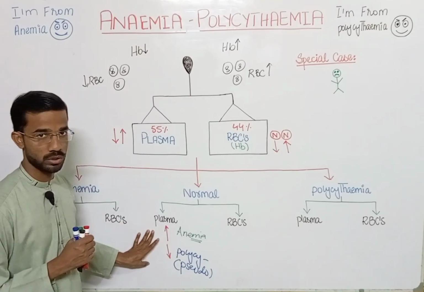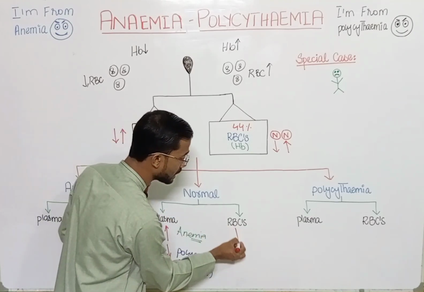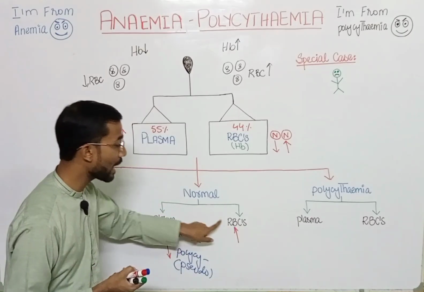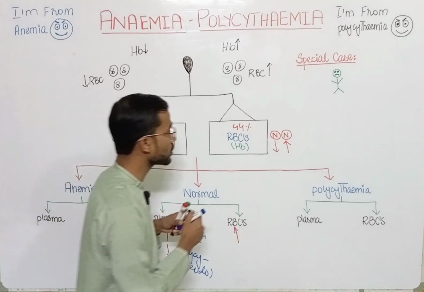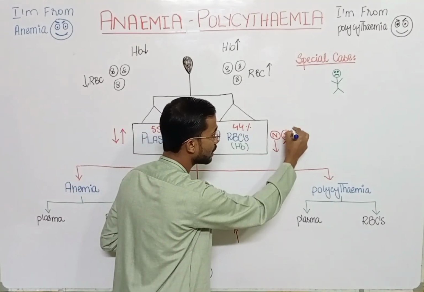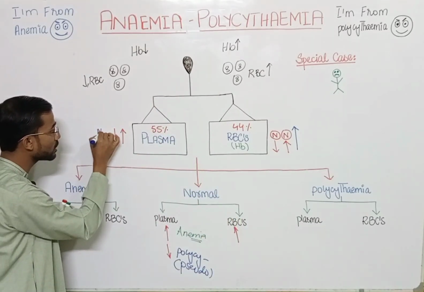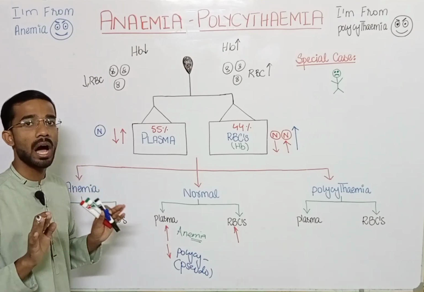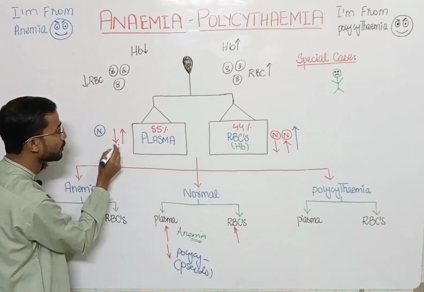These are basically the two situations. Okay. Now, when you see an increase in the number of RBCs, in reality you will see the increase in the number of RBCs. So in that situation, when the RBC number increases and the plasma is present in a normal amount, the RBCs increase relative to the plasma.